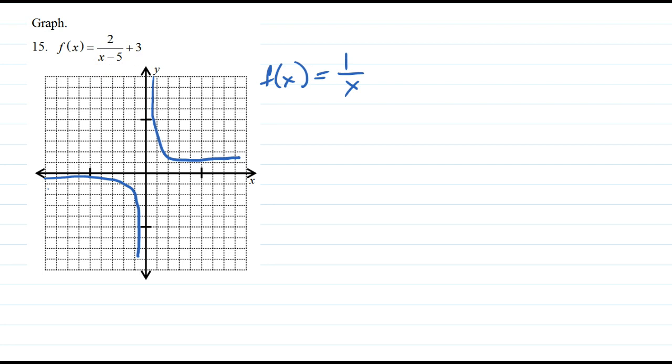So here with this minus 5, that means it moves the graph 5 to the right, and that plus 3 is going to move it up 3. And the way you can look at that is because the vertical asymptote is when this equals 0. So we're going to have a vertical asymptote at x equals 5. And we're going to have a horizontal asymptote at y equals 3.